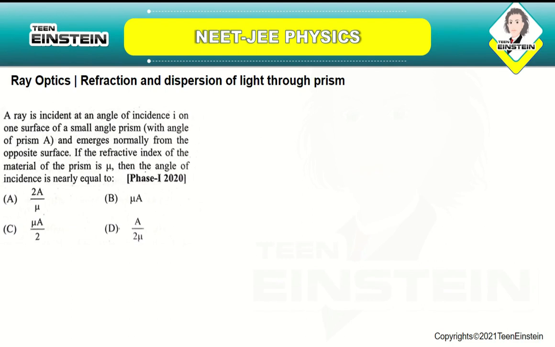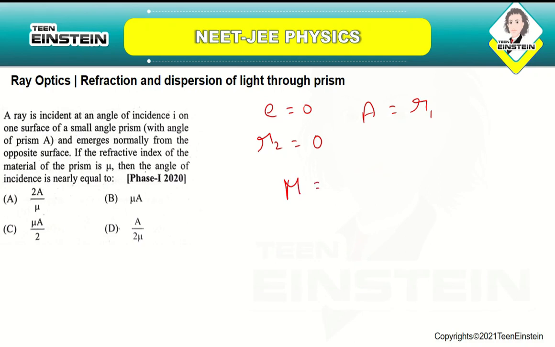Okay, so here E is equal to 0 and R2 will also be 0. So the angle of the prism will be equal to R1 and I is very small.